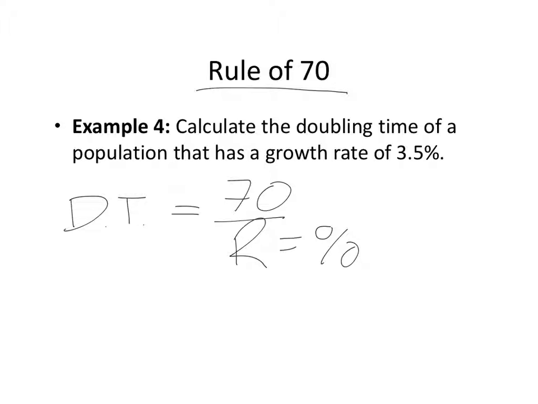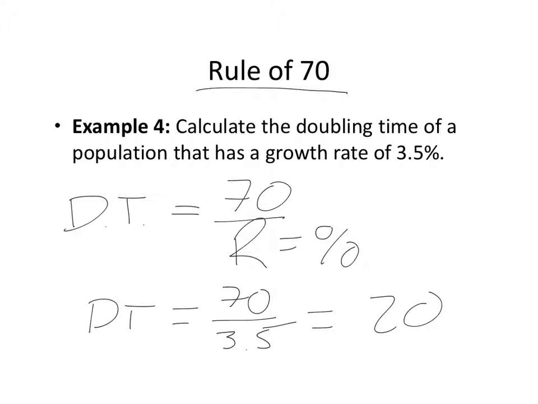So if we take the rule of 70 equation and substitute, we get doubling time equals 70 divided by 3.5, and 70 divided by 3.5 gives us 20. So in this example, it would take 20 years for a population to double that has a growth rate of 3.5%.